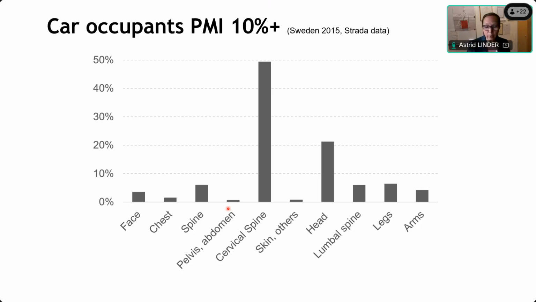Zooming in now on car occupants, as you can see in this graph, percentage here, cervical spine, neck, totally dominates.